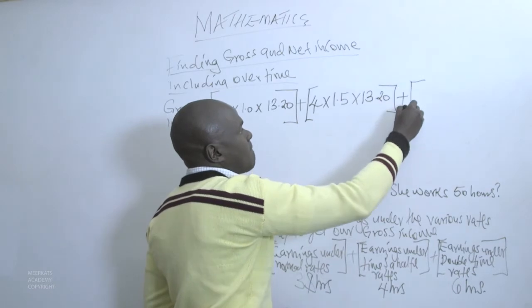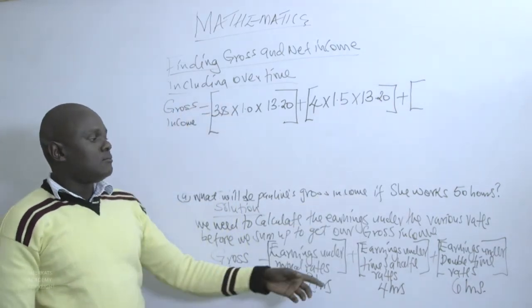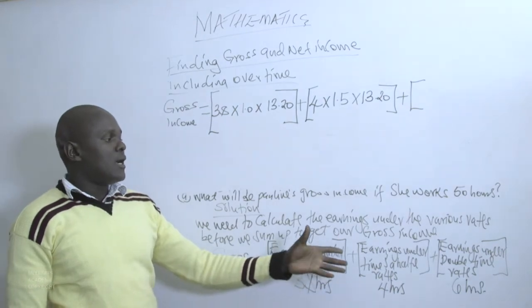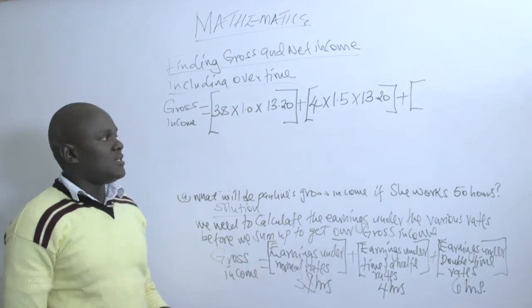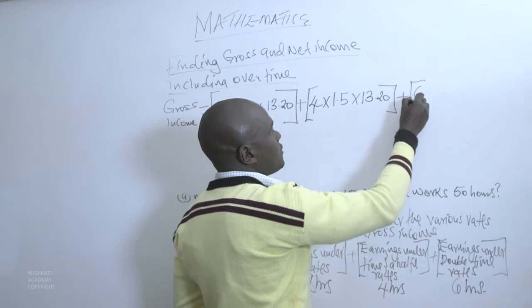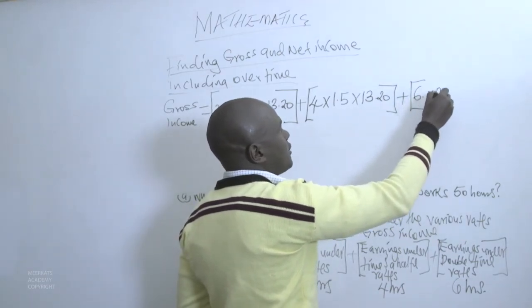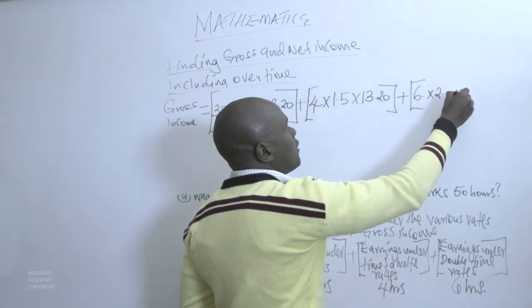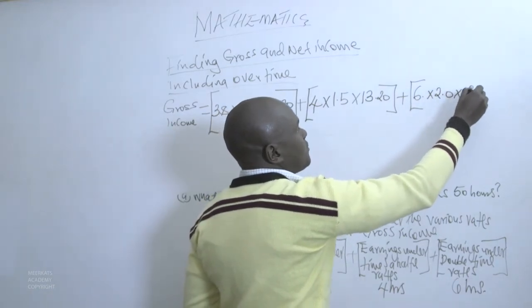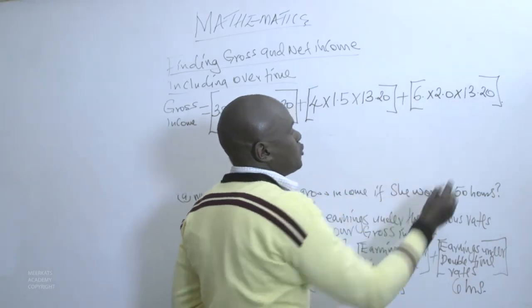And lastly, we look at the income that will be calculated under double time rates. How many hours do we have under that category? 6 hours multiplied by the rate of 2, that is double of the normal rate, which is $13.20.